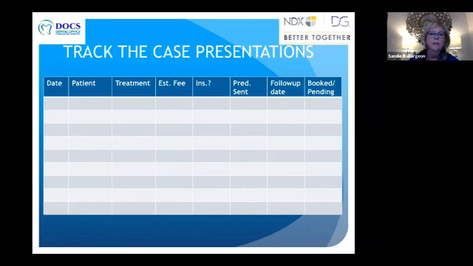I was in an office where we have a tracking process, or my company does, that we put in place, and the treatment coordinator was putting these reports on the doctor's desk, and he didn't necessarily have time to look at them, but he always thought that she wasn't really doing much. She was just talking to patients all day long.